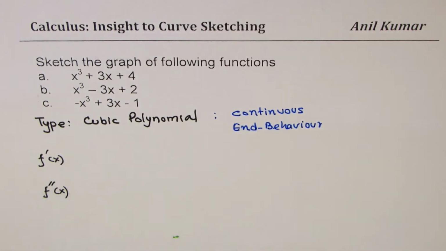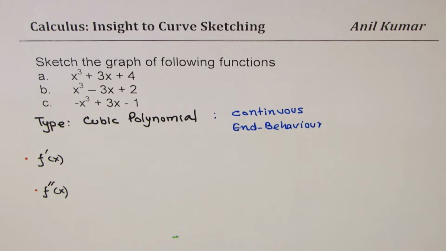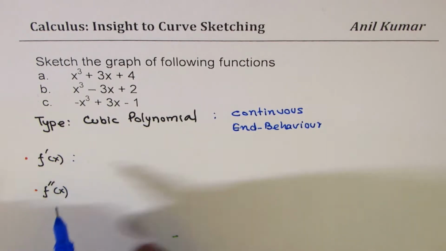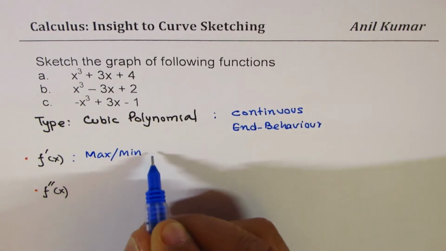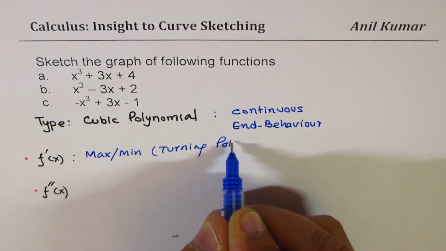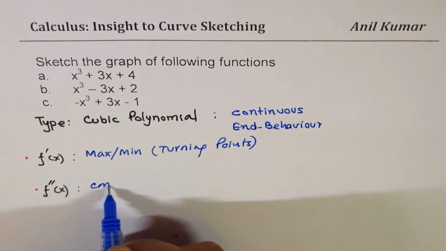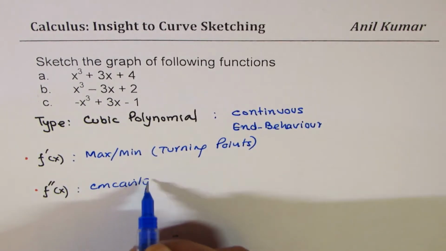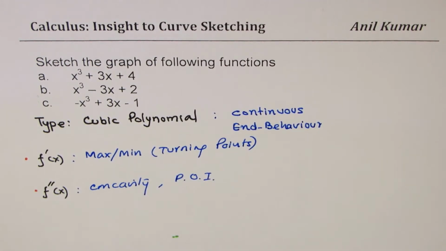We need to analyze these two derivatives to find maximum, minimum, point of inflection, and concavity. So the first derivative will give you maximum and minimum, which you can call turning points, and the second derivative will give you concavity and point of inflection. So these are critical things.